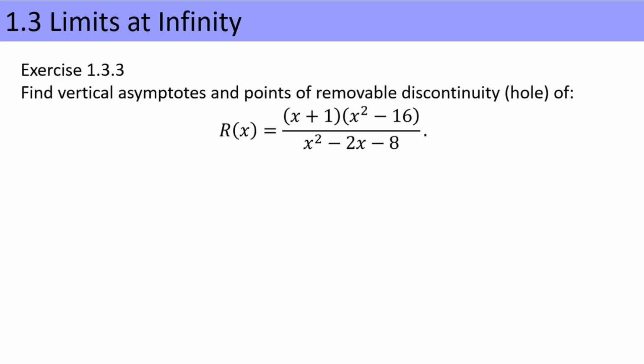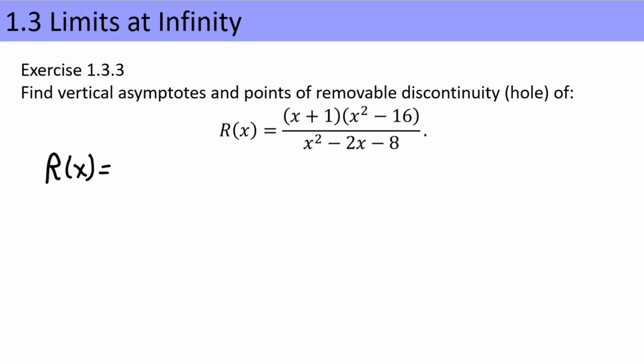Example: find the vertical asymptotes and points of removable discontinuity or hole of the function r of x equals, numerator, the quantity x plus 1 times the quantity x squared minus 16, divided by the denominator, the quantity x squared minus 2x minus 8. In order to solve this problem, we must first factor completely all factorable quadratics. So let's re-express r of x.